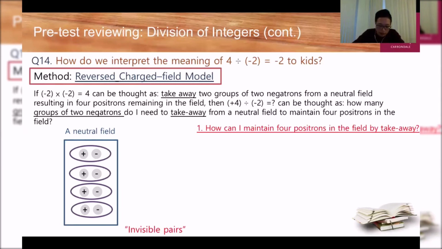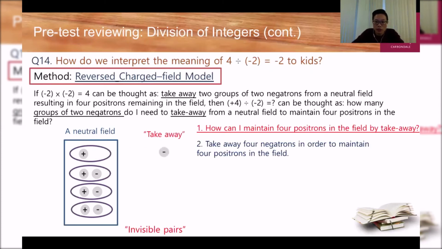So here you can see I already placed 4 invisible pairs in the field, and I want to take away 4 negatrons in order to maintain 4 positrons in the field, okay?